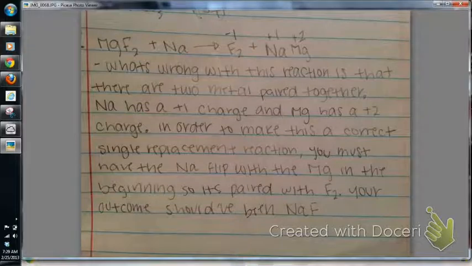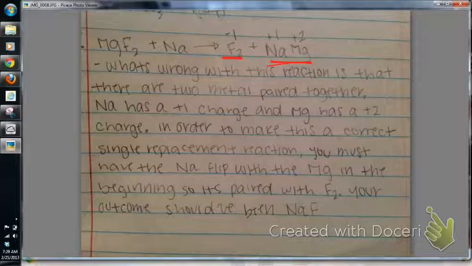All right, and I wanted to end with an example of a very good answer. I wanted to give an example of a very amazing answer because this answer was both complete and 100% correct. This was magnesium fluoride plus sodium leads not to fluorine and sodium magnesium, which doesn't happen. So her answer was, what's wrong with this reaction is that there are two metals paired together.